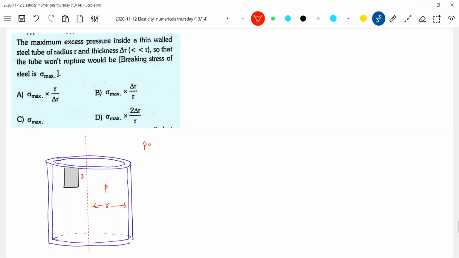And this particular structure subtends an angle theta. The angle subtended by this structure will be like this here.